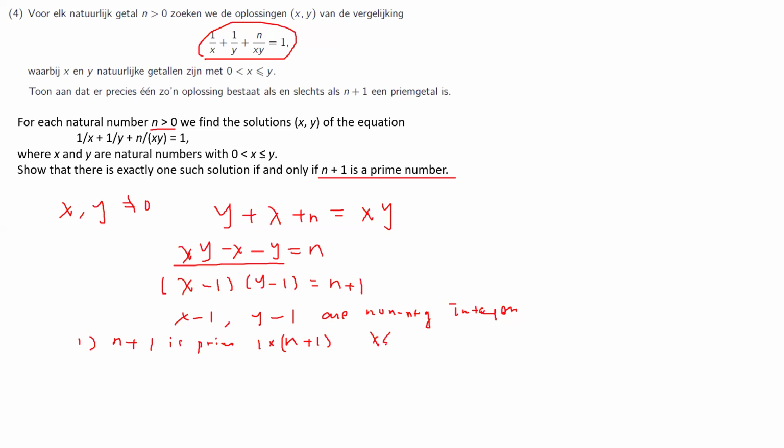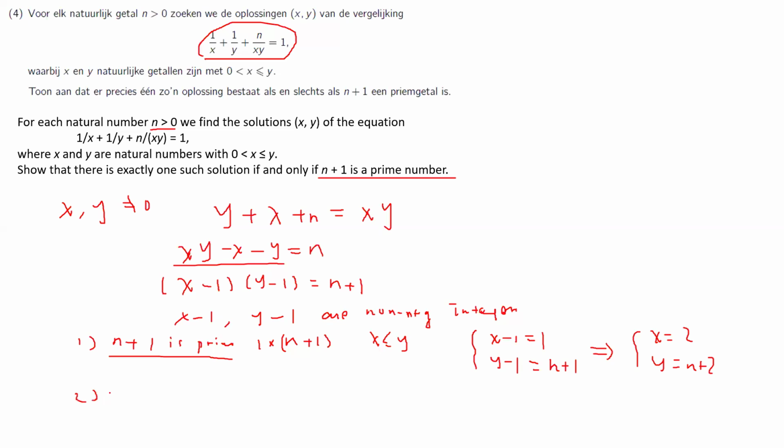Because x is no bigger than y, we get x minus 1 equals 1, and y minus 1 is n plus 1. So it gives us a single solution, x is 2, and y is n plus 2. So when n plus 1 is prime, the equation gives exactly one solution, right?